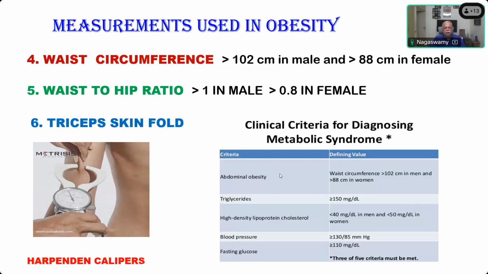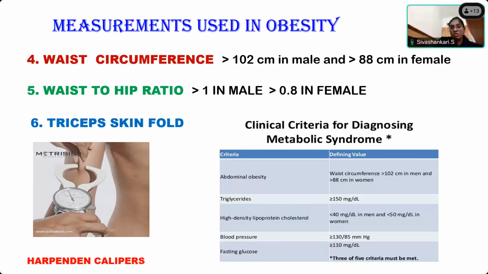So clinical criteria for assessing the metabolic syndrome. This is another question they will commonly ask you. There are 5 things that you have to take into account. One is abdominal obesity, where the waist circumference is important to assess the abdominal obesity. Then blood triglyceride levels, if it is more than 150. Then HDL level, which is a good cholesterol or bad cholesterol, HDL. Good cholesterol, sir.